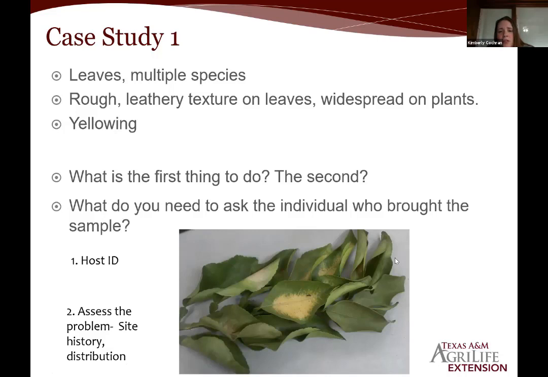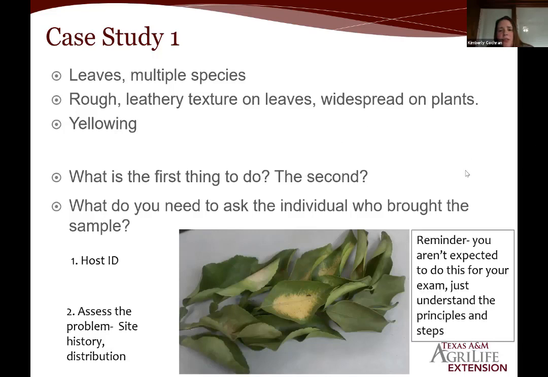So this is one of those kind of trick questions that I include just to be a little mean, to also illustrate that it's really important to ask and just find out as much of a background as you can. So in this case, the homeowner had never sprayed anything for insect problems, and they had very densely planted citrus, and they just had a really high buildup of mites.